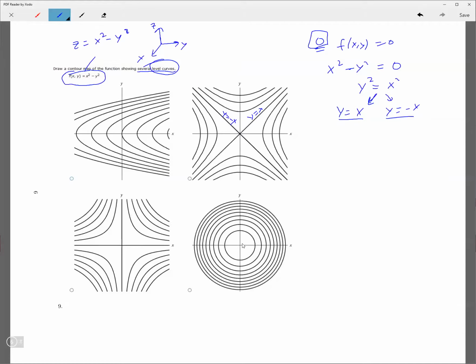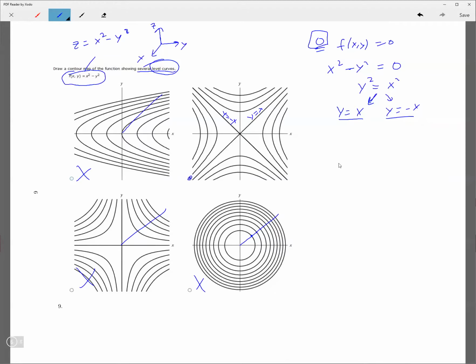But if you have stuff that goes through like that, then there's no way, because this is saying this number is different than that, this value is different than that value, and so on. But they all should be the same in order for there to be a level curve right there. The same thing there, same thing there. So there's different values that it's crossing through. So these three can't be the answer. Okay, they can't be the answer. This is the only possible answer.